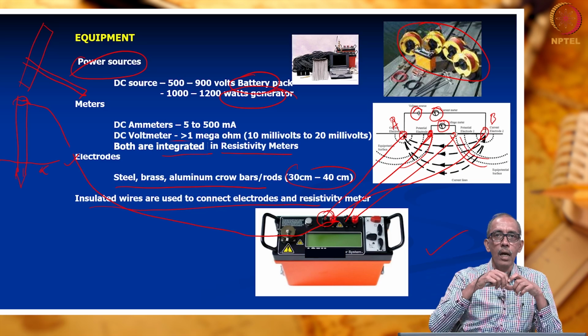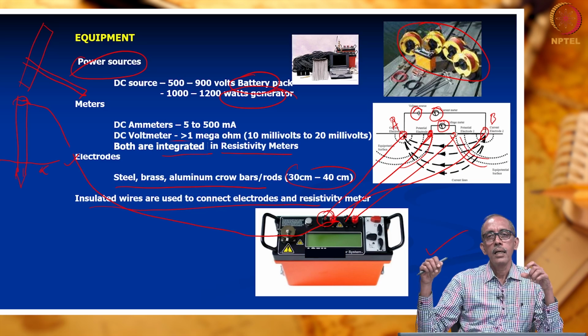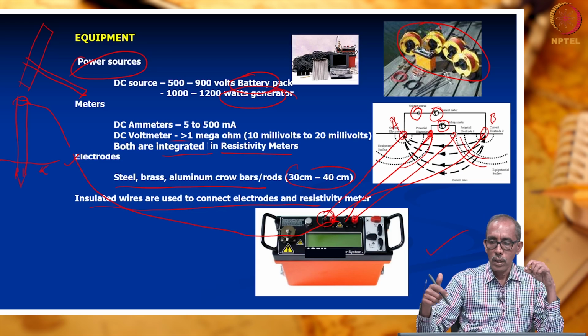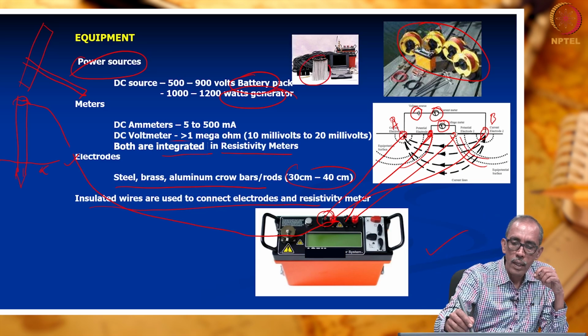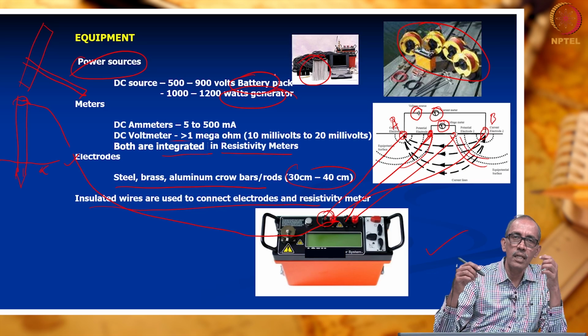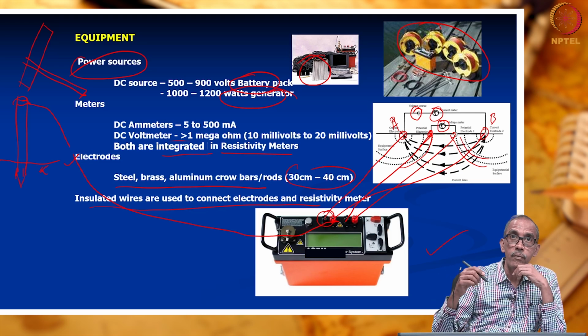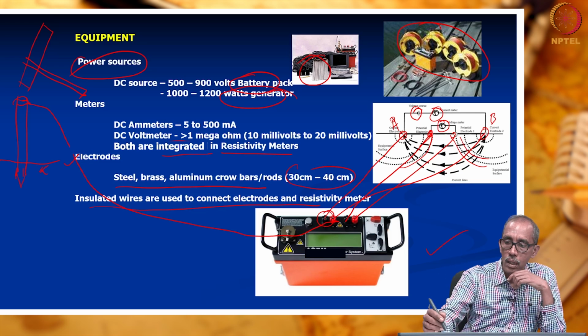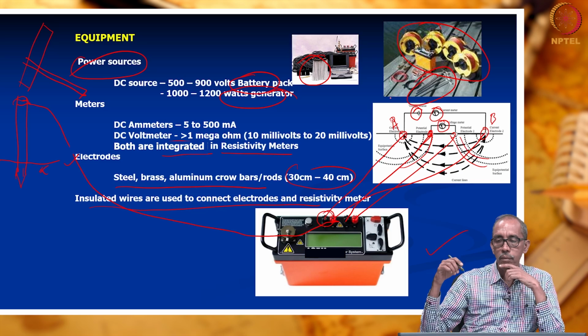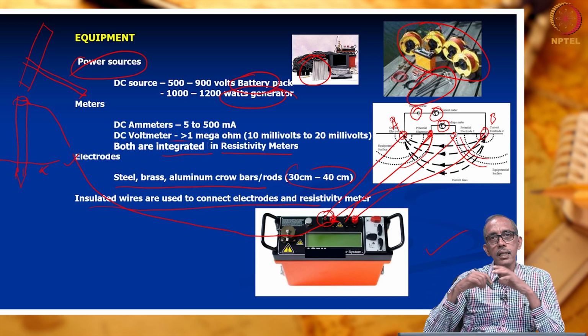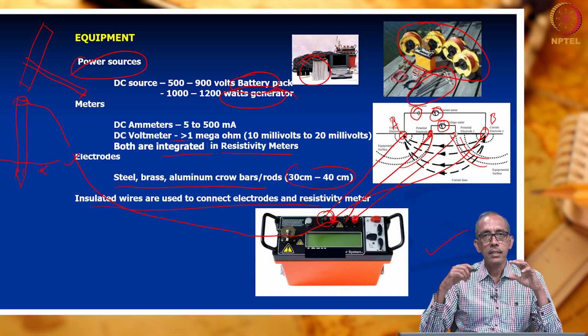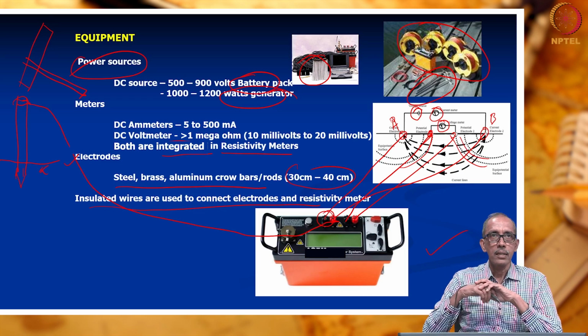The spools are used to connect the electrode with the resistivity meter. Here also you see pictures of electrodes. Here it is a very thin electrode, maybe 0.75 centimeter to 1 centimeter in diameter, length maybe about 40 centimeters. Is it clear?